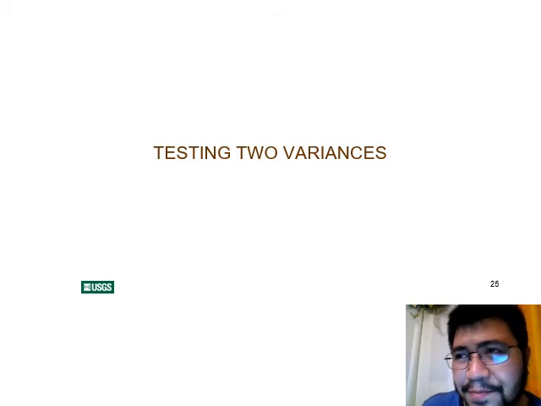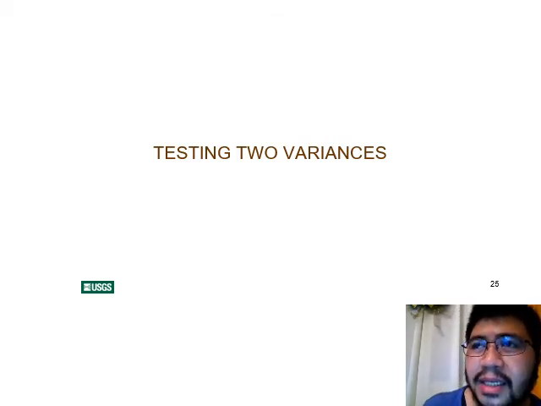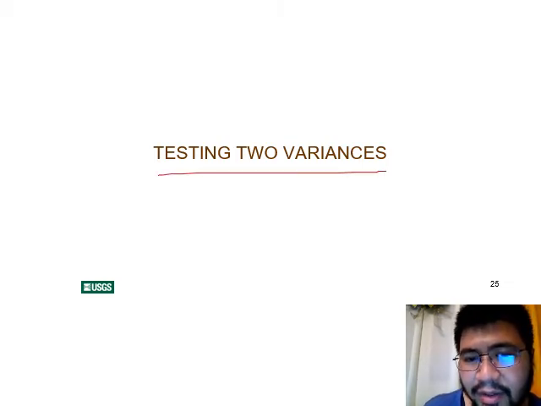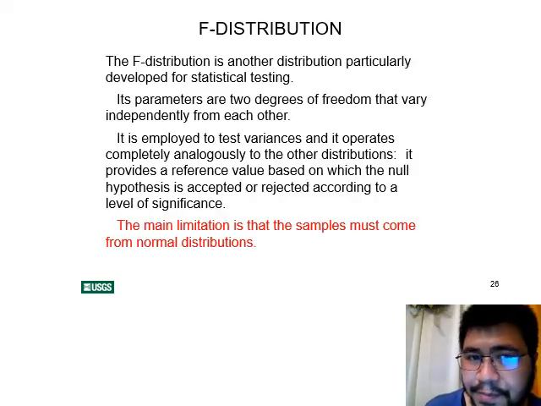So basically, the dependent and independent variables should more or less have a similar variance when we are doing a regression. Okay, and this method is used to check if the two variances are the same or not, statistically speaking.